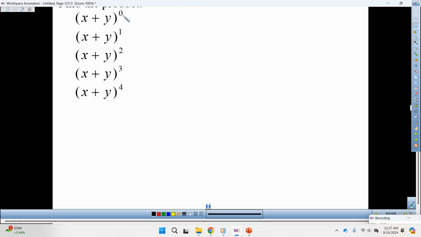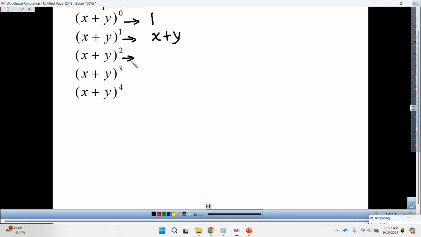This to the 0 exponent is 1. This to the 1 exponent is x plus y. It's itself, right? This is where it starts getting interesting.